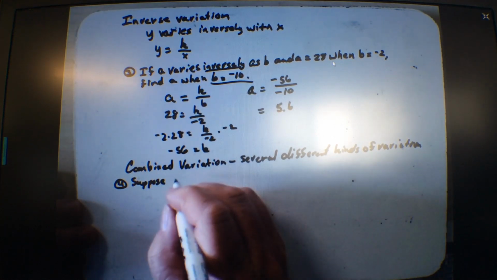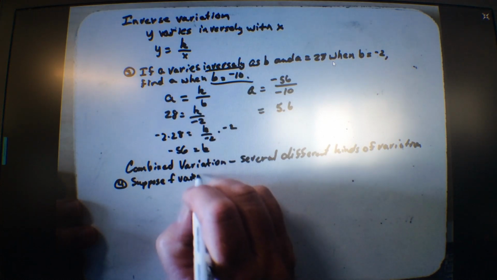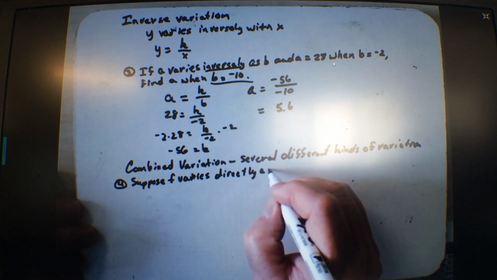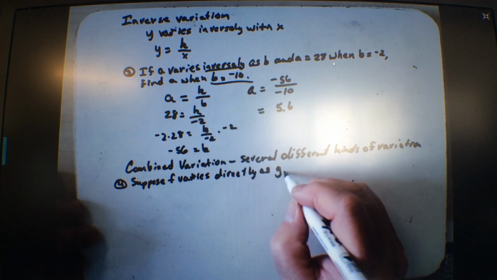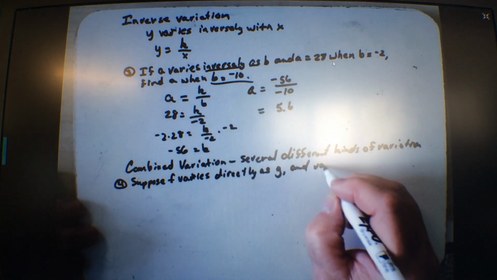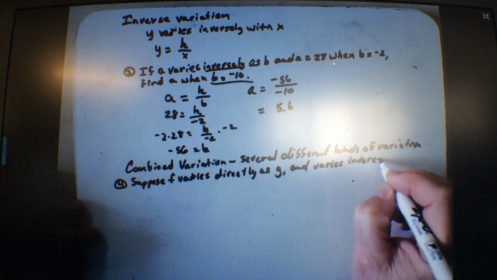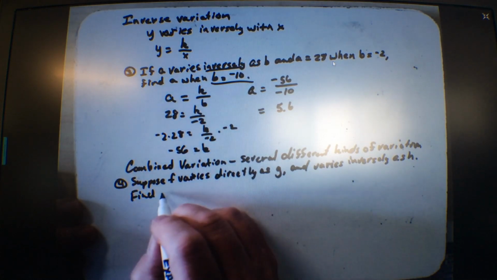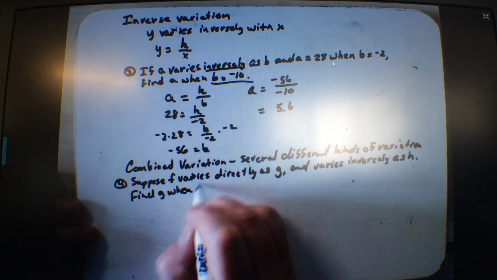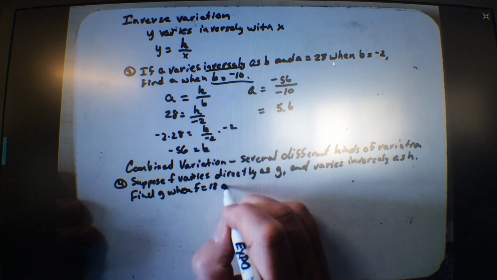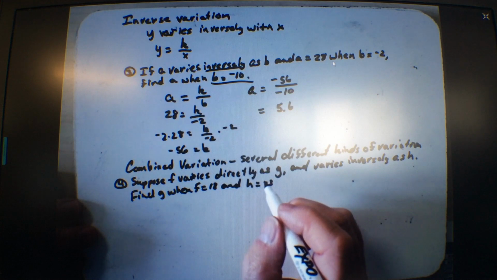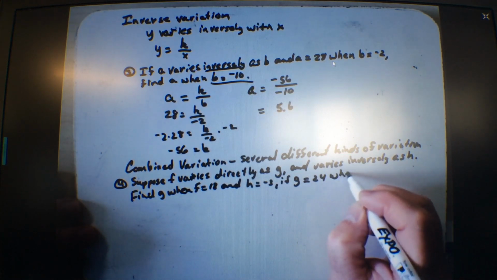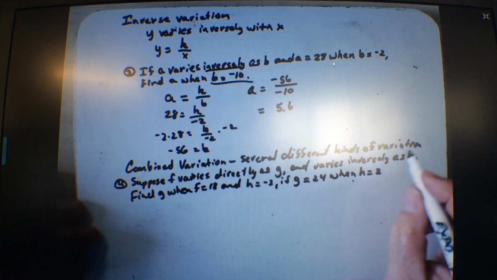Suppose F varies directly as G and varies inversely as H. Find G when F equals 18 and H equals a negative 3 if G equals 24 when H equals 2 and F equals 6.